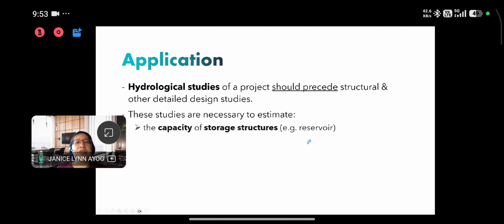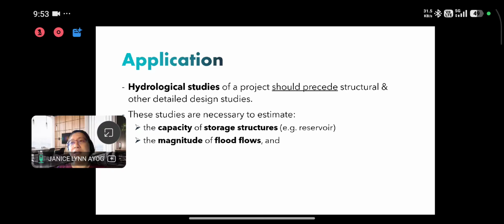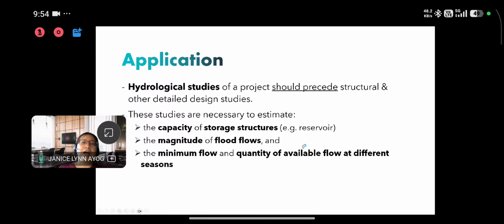These studies are necessary to estimate, for example, the capacity of a storage structure such as a reservoir, and the magnitude of flood flows, meaning how big the flood is going to be in terms of discharge.